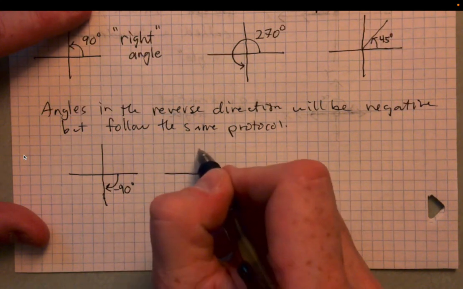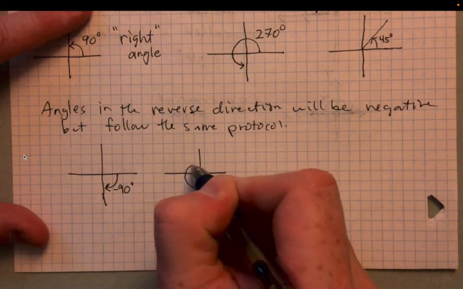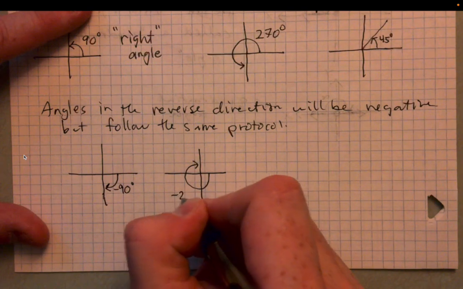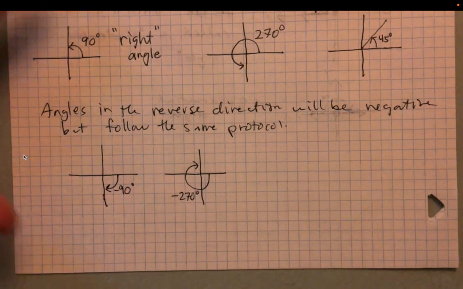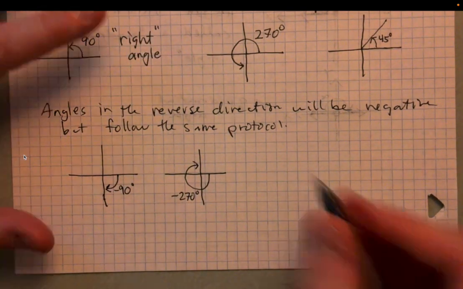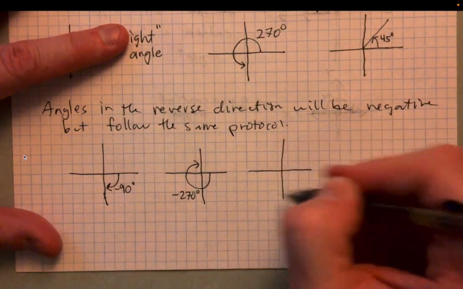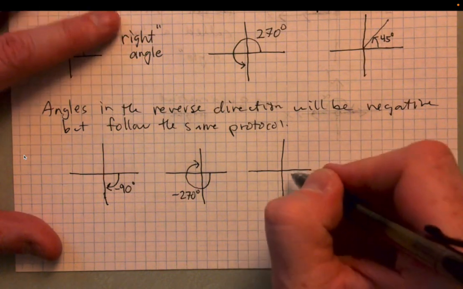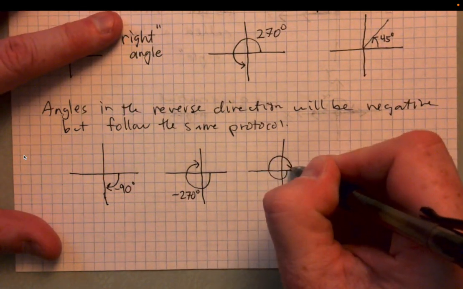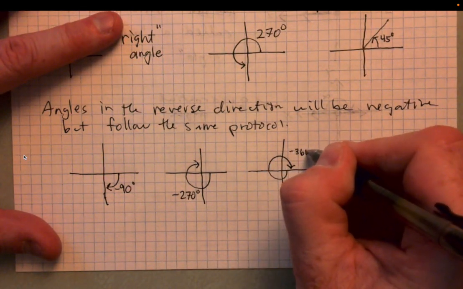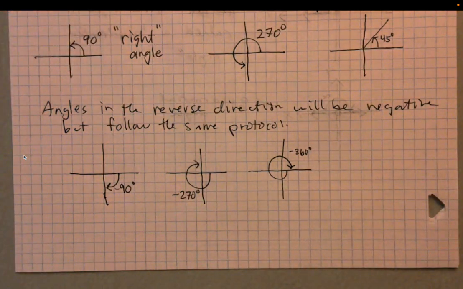Similarly, if I go like this, that's negative 270 degrees. And the full circle with clockwise rotation, like so, is negative 360 degrees. As you can see, it's the exact same protocol, but just backwards, and everything works out fine.